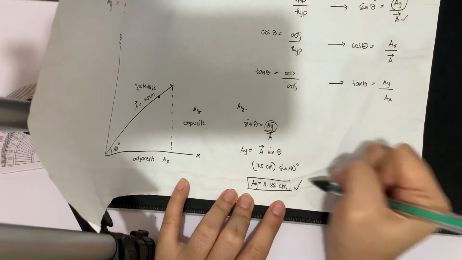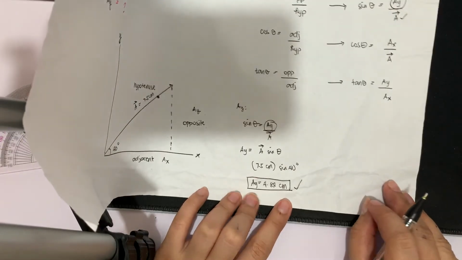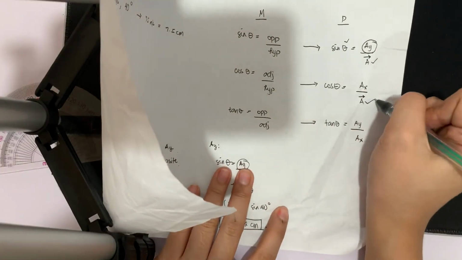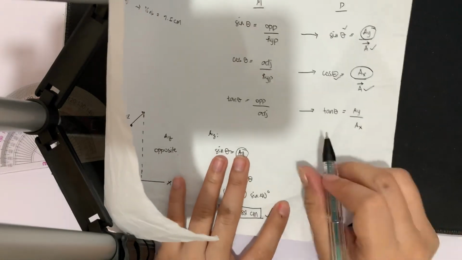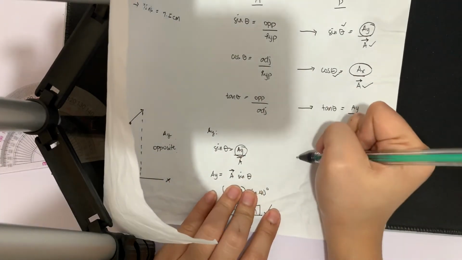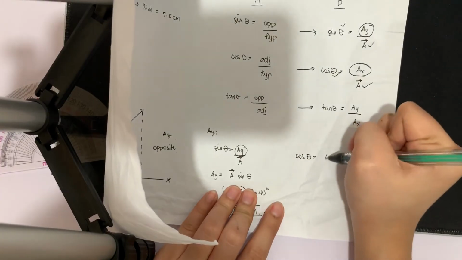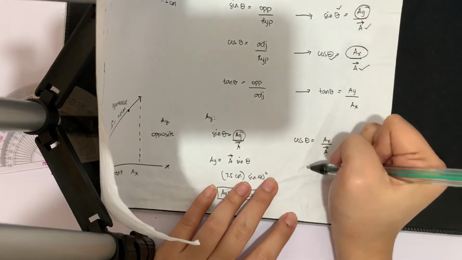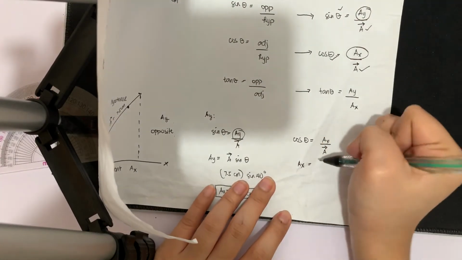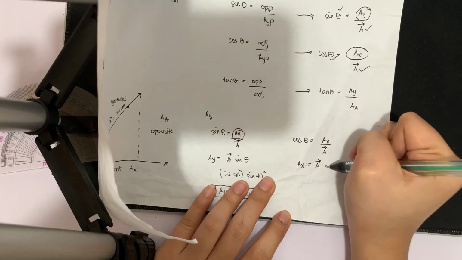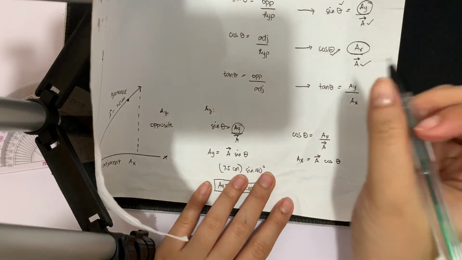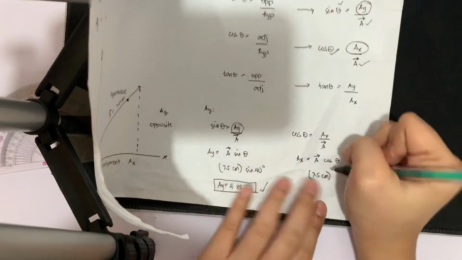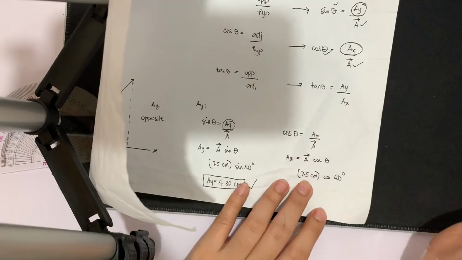So we now have our answer, but we still have to look for our ax. What do you think is the best formula to solve for ax? We already have vector A and the angle, so the best formula is cosine theta. Cosine theta is equal to ax over vector A, and we can derive the formula: ax is equal to vector A cosine theta, or 7.5 cm cosine 40 degrees.